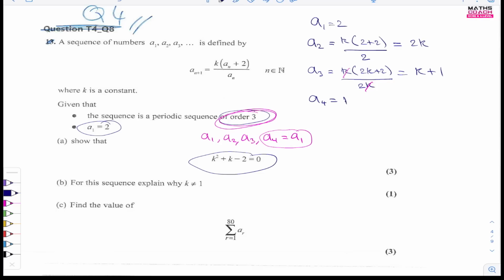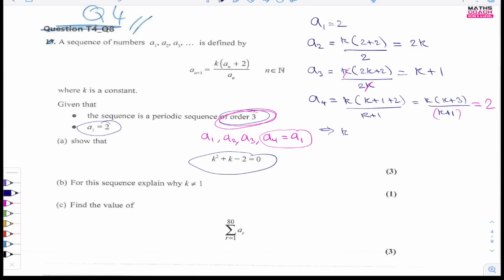So we have k bracket k plus 1 plus 2 over k plus 1. Simplify that, so that's k bracket k plus 3 over k plus 1. And we're now going to make that equal to the first term, which is 2. So rearrange.